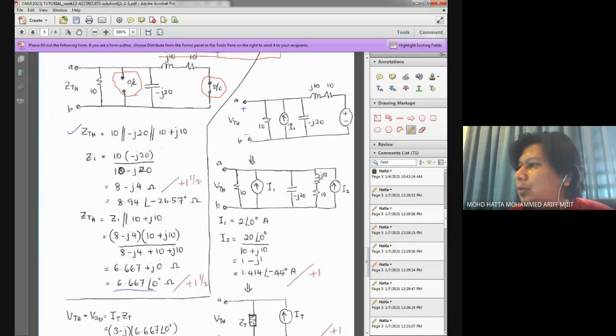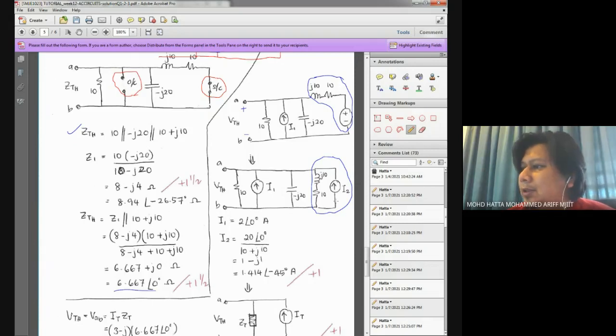Since we have two sources, one is a current source, another one is the voltage source over here, what I try to do is convert the voltage source into a current source. So this part is converted here to become a current source in parallel with the element of 10 plus J10.